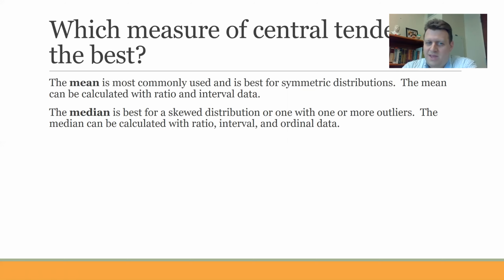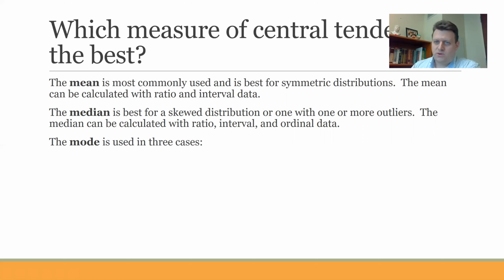We can calculate the median for a ratio, interval, and ordinal scale of measurement. Particularly if we have an ordinal scale of measurement, the median might be the best way of calculating a measure of central tendency. But again, this isn't going to stop people calculating the means for ordinal data. You'll see that all the time, even when it's not the best option.